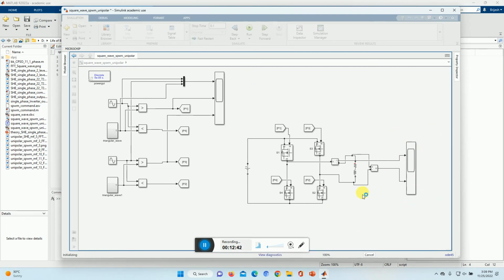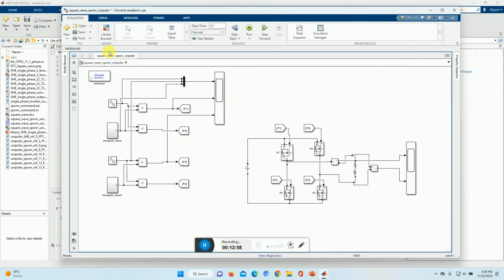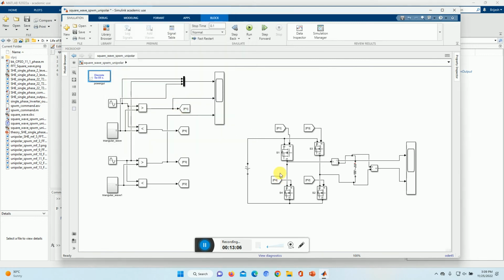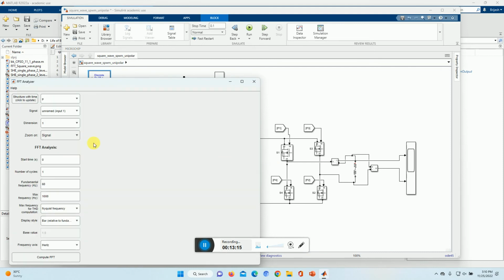Instead of seeing the result, we will directly go for the FFT analysis of it. For FFT, we just have to give a command and store the results in the p variable. Then we can double click on the discrete and FFT analysis, and here we can see the voltage waveform.